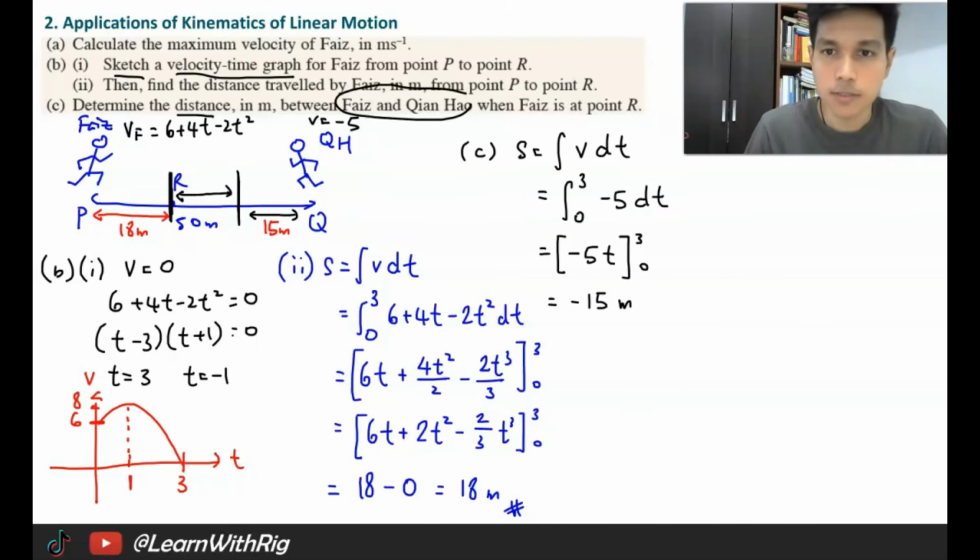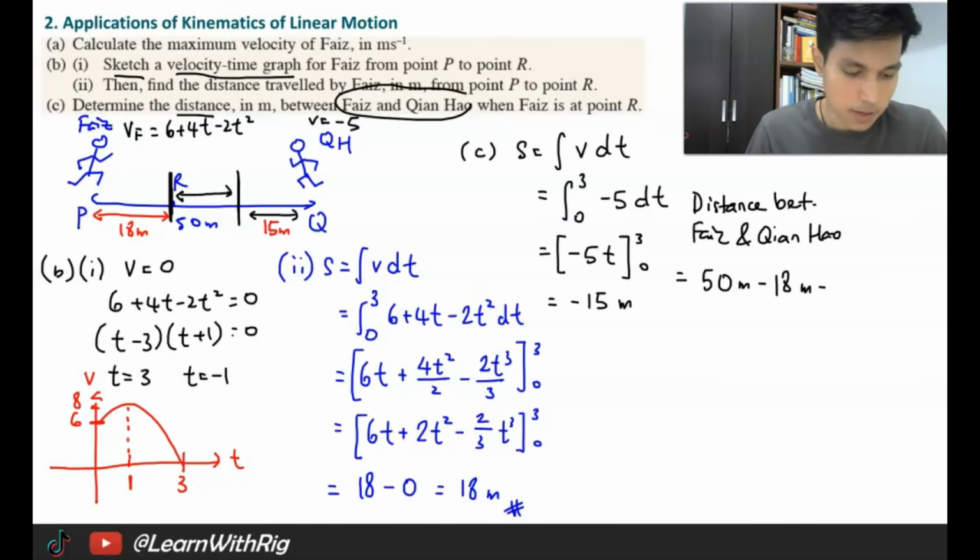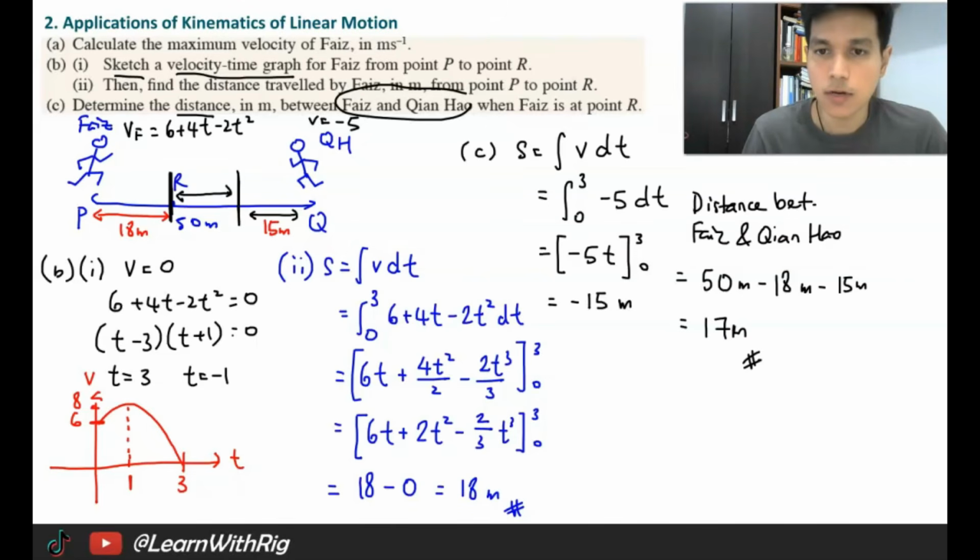So distance between Far East and Chen Hao is, you take 50 minus 18 and minus 15. So your answer would be 17 meter. Okay, this is your answer. So the distance between the two of them is 17 meter.